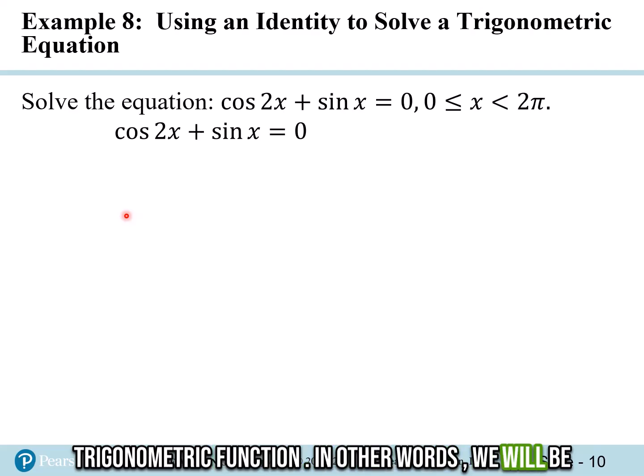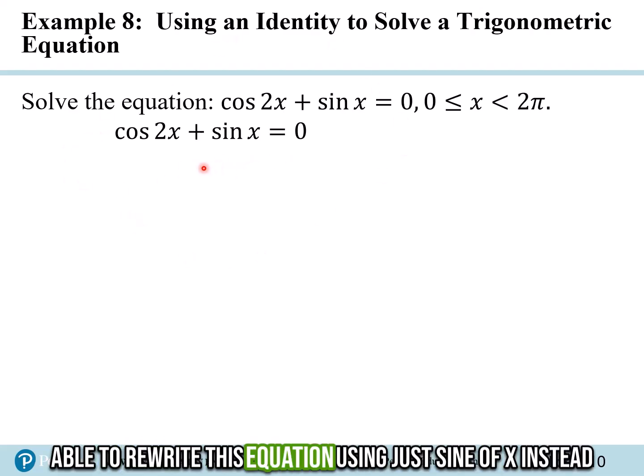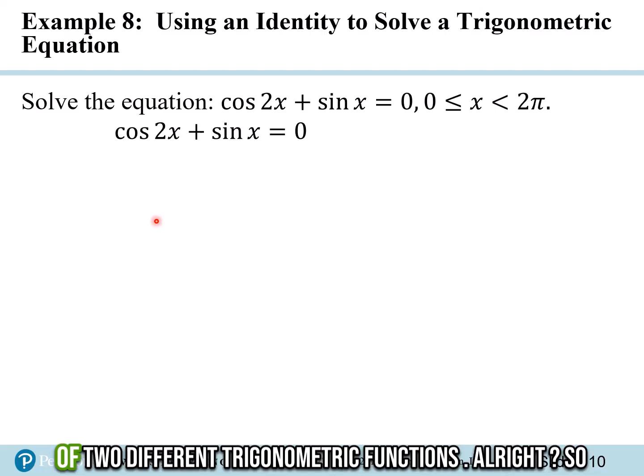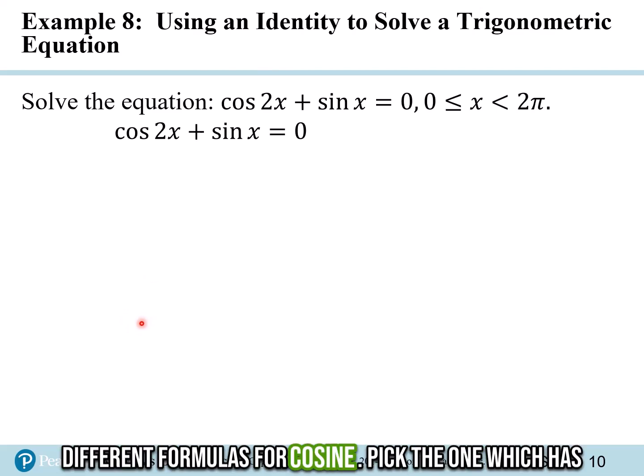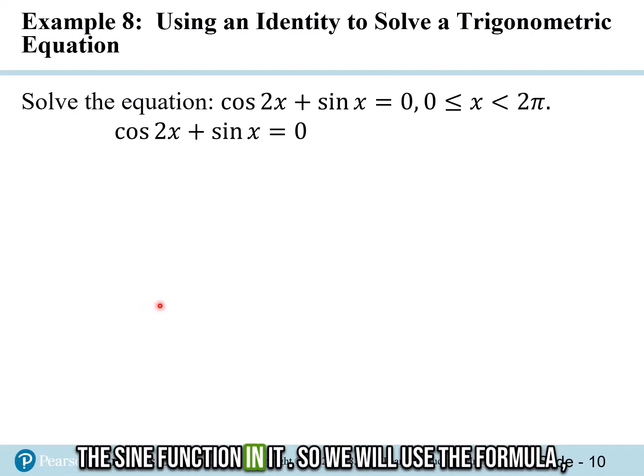In other words, we will be able to rewrite this equation using just sine of x instead of two different trigonometric functions. All right, so that's the goal. Now, if you recall, there are three different formulas for cosine. Pick the one which has the sine function in it.